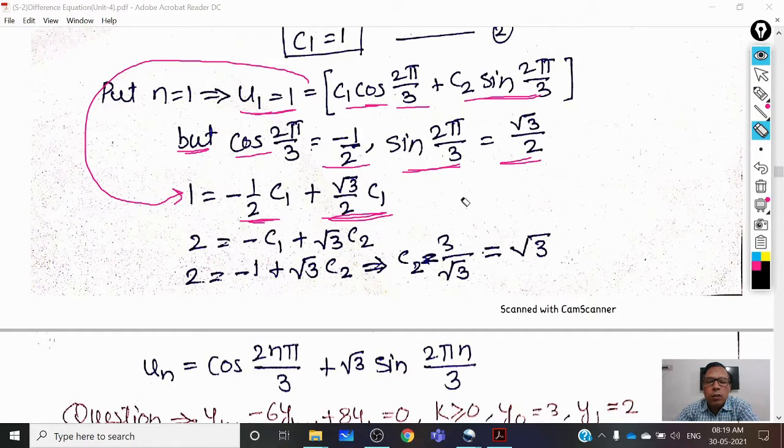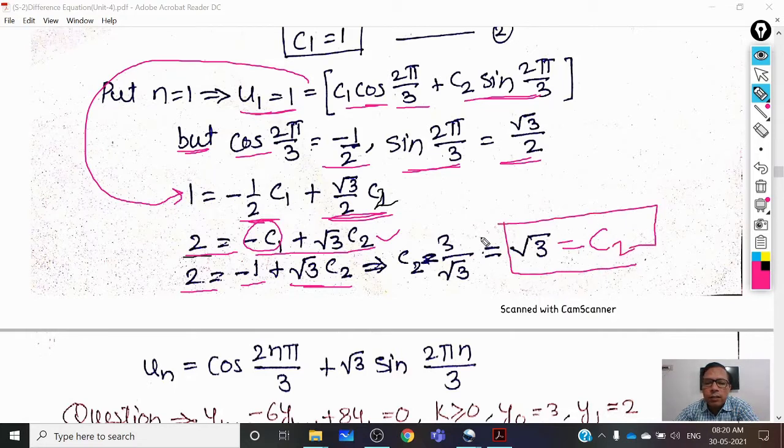On simplifying we get 2 equal to minus C1 plus under root 3 C2, or by using the value of C1, 2 equal to minus 1 plus under root 3 C2, and finally we get C2 equal to under root 3.